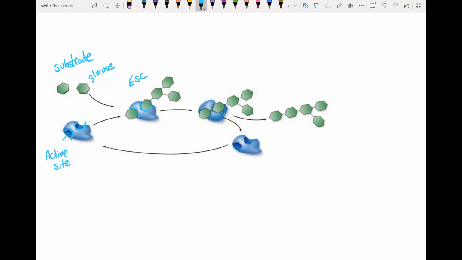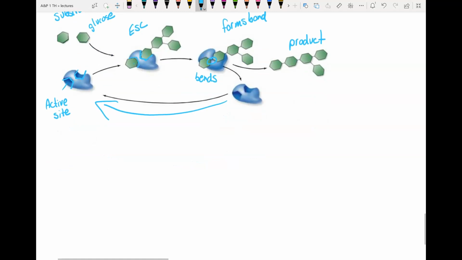Here we have the induced fit, the enzyme bends. And this time when it bends, it forms a bond. And then we release the product. And then the enzyme unbends and it's ready to start again. So the basics here, you start with a substrate.